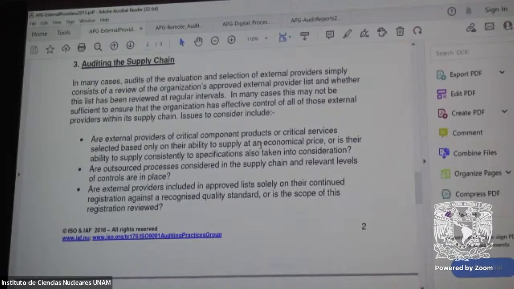Right at the end of this paper are 3 bullets. A couple of them are interesting. The first one is that our external providers of critical components, products, or services selected based only on their ability to supply at an economical price.